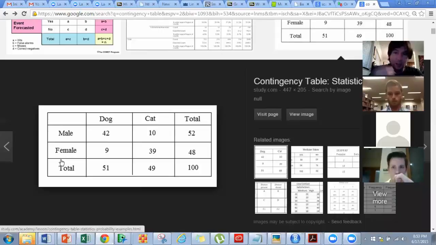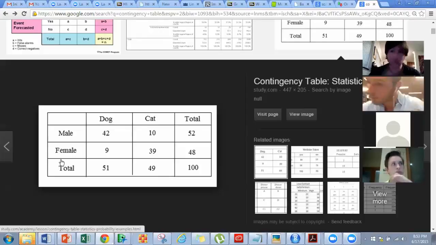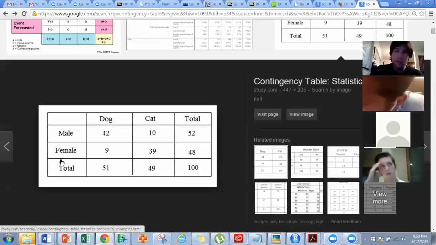In other classes, and even in Stat Tool 1, the discrepancy has been called the chi-squared statistic. The discrepancy will be obtained by doing observed minus expected, squared, over expected.